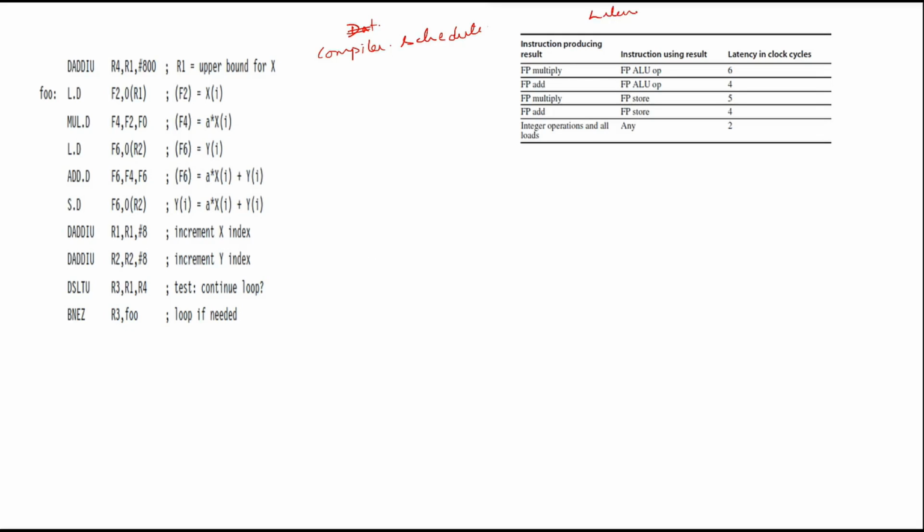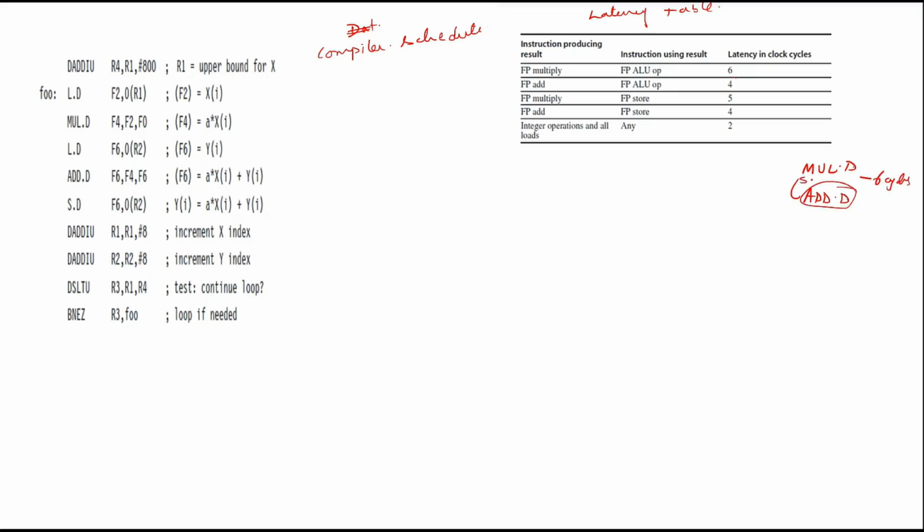If any instruction depends upon the output of the previous instruction, the table says how many cycles it needs. Suppose you have a multiplication instruction followed by an add instruction, it has to wait 6 cycles. After 6 cycles only, this add may get the output.